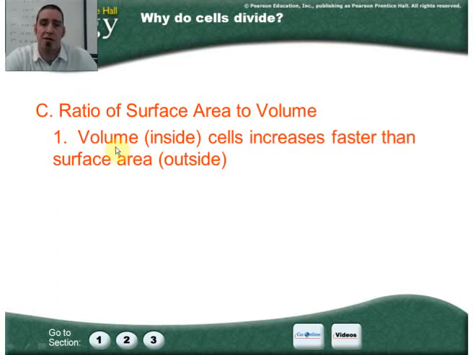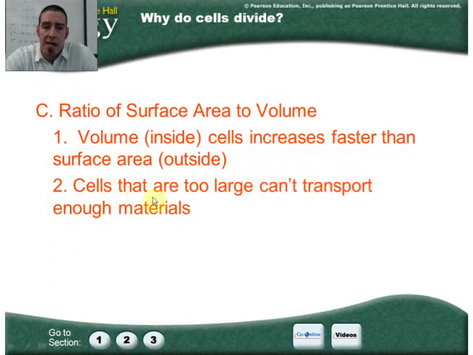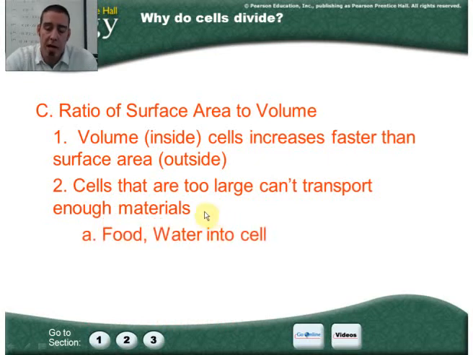So why are cells on the planet Earth the size that they are? They're the size that they are because innately that volume will always increase faster than the surface area can keep up. And cells that are too large can't therefore transport enough materials to maintain equilibrium or maintain their basic necessities such as making ATP and keeping homeostasis of solutes inside.